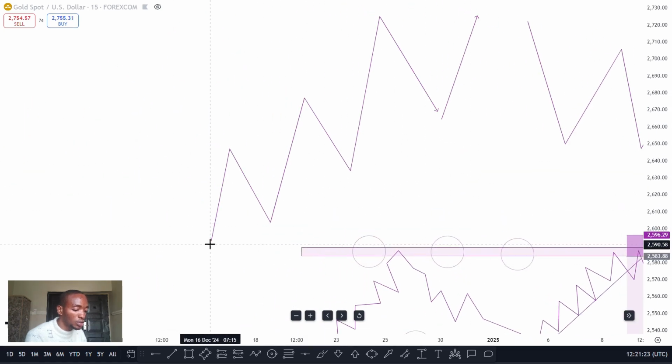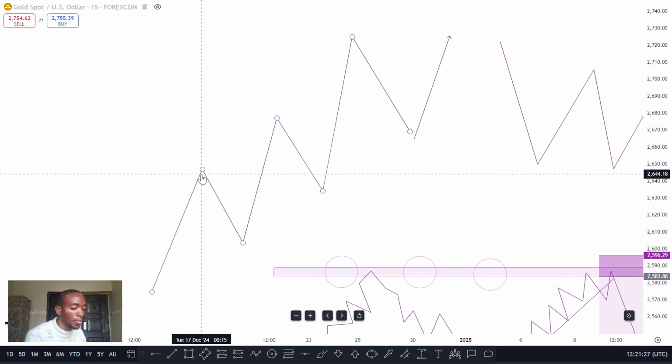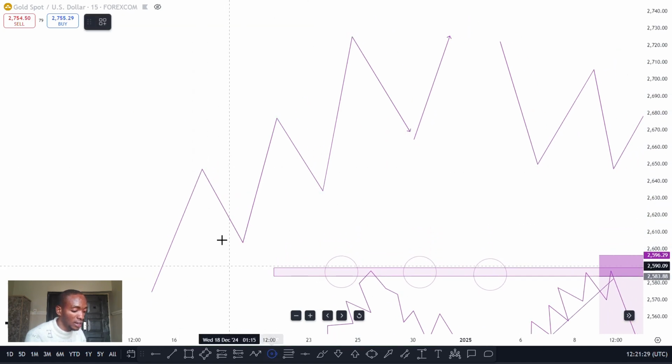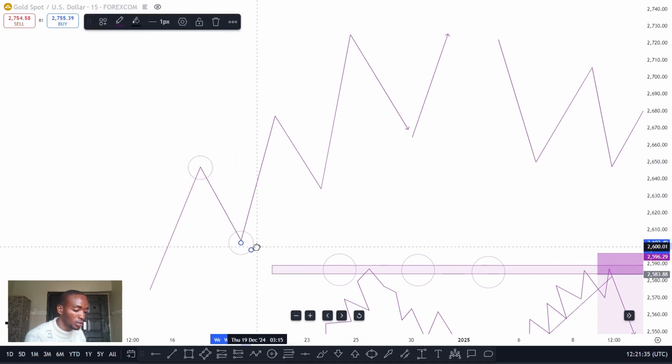The way to trade this bullish market structure is very simple, just the same strategy. The market has a series of higher highs. This is the high, this is the high, and this is the low, and then this high and this low cause a breakout from this zone.